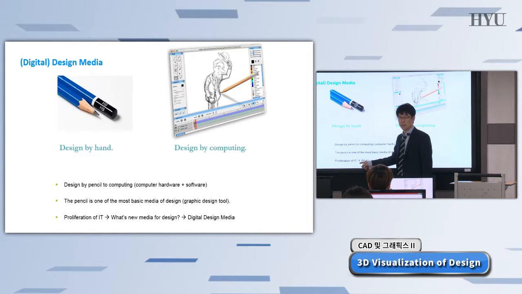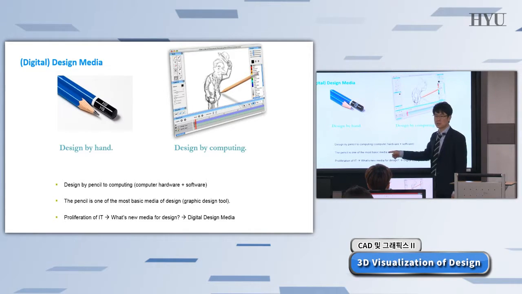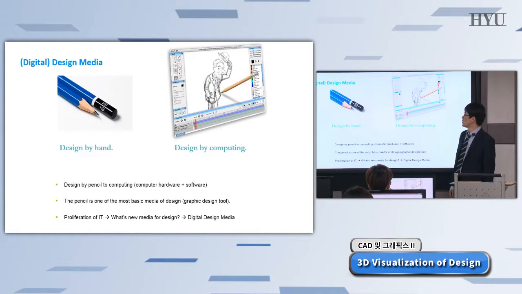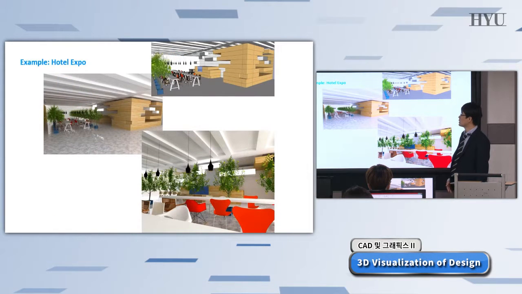With the proliferation of IT, information technology, we can take advantage of such inventions, such advanced devices, machines. That is so-called digital design media, okay? So by using digital design media, here are some examples done by you or your senior students.